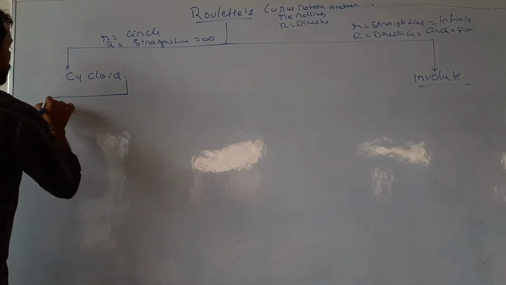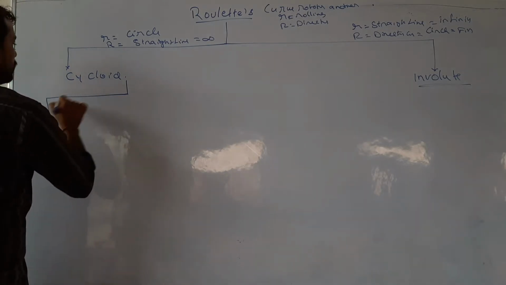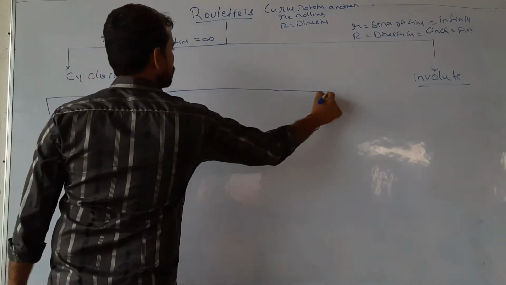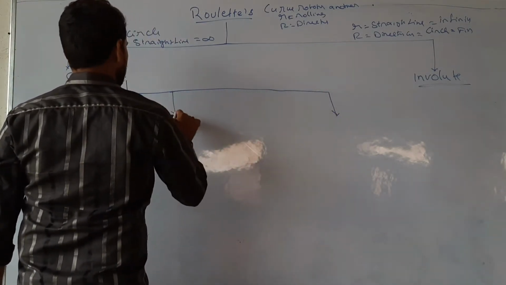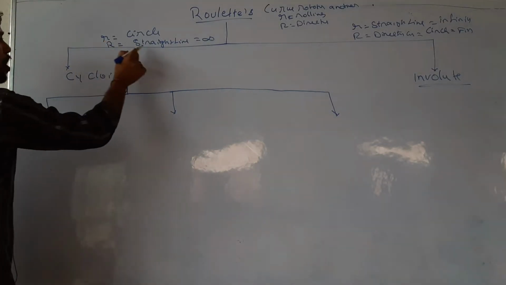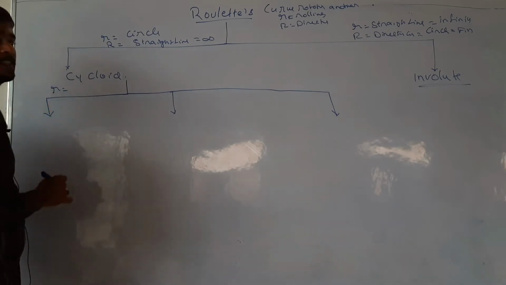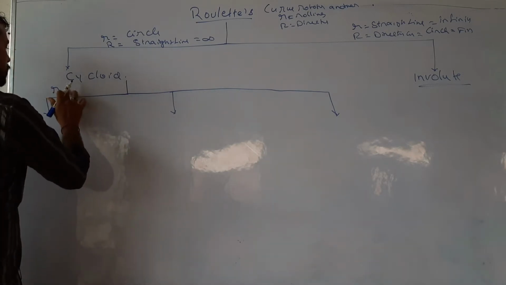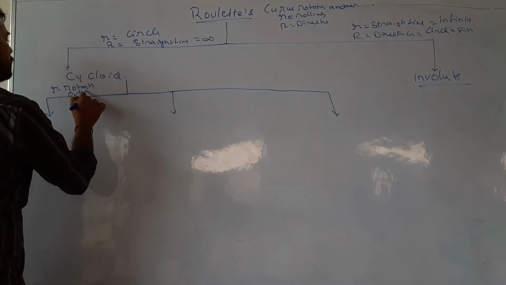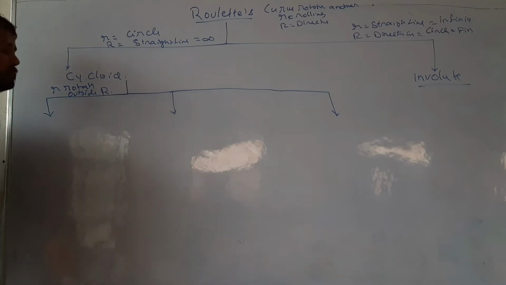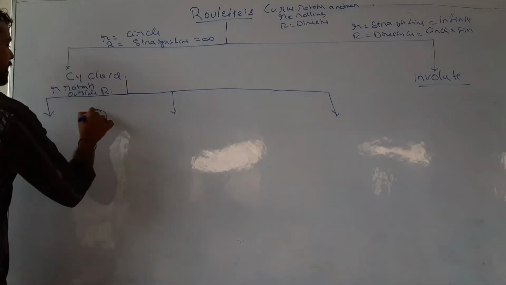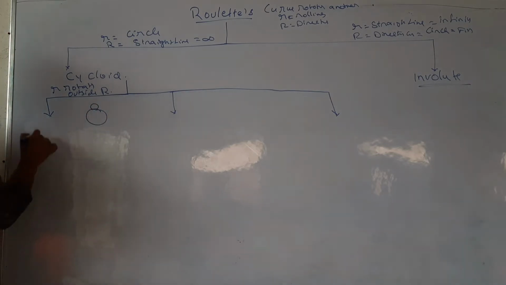What are they? If small r rotates outside capital R, that means the rolling circle rotates outside of the dissecting circle, then you will get epicycloid.